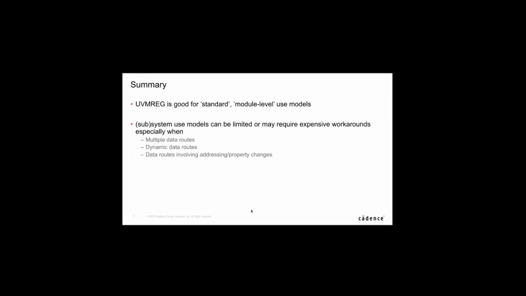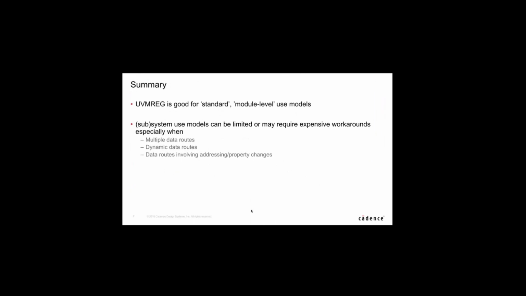If you go for system, subsystem, or interconnect use models, it might be very limited what you can accomplish. It might require extensive workarounds, if it's possible. And especially you need to be careful when you have multiple data routes.